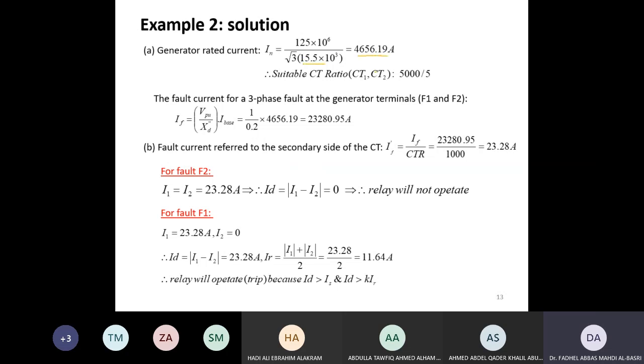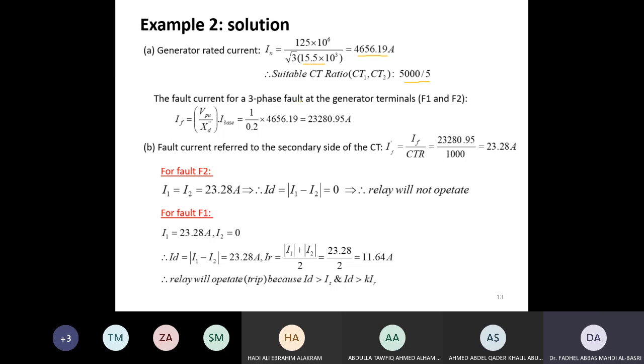I got the rated current, so I selected a CT ratio of 5,000 to 1. As you can see, the generator stator winding current is 4,600. But when I have a ground fault, I want to limit it to a small current, let's say 10 to 20 ampere.